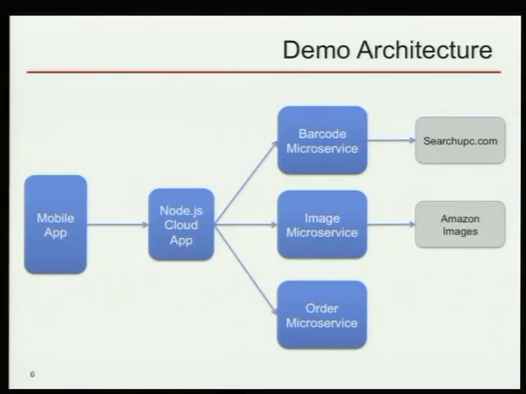And finally, we have a dummy order service. So this is just a very simple in-memory service that keeps a list of things that in the app you say, oh, I want to order one of them. But the nice thing here is it has an API exposed. So if we wanted to take this and hook it up to a real-world order processing system, we can just replace the order microservice with one that connects into an actual system, and so long as we keep the APIs the same, this part and this part never know that we've switched out our order service for something else.